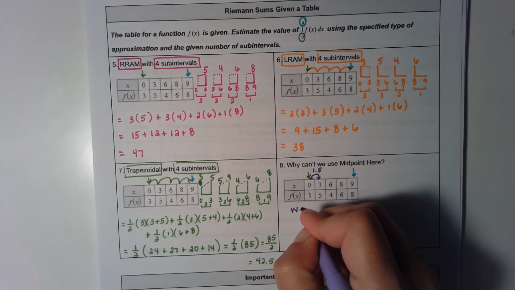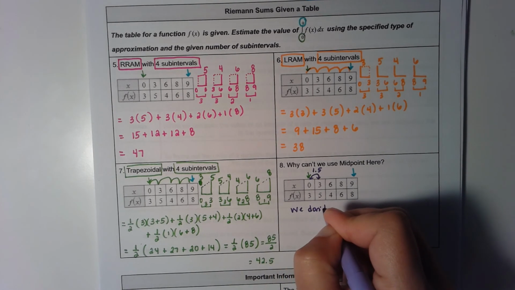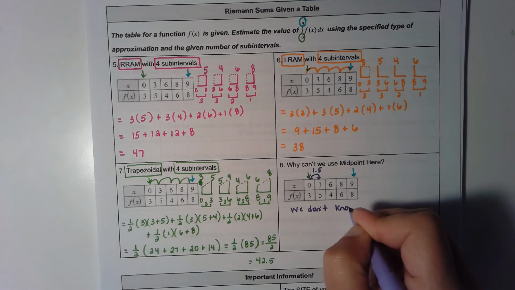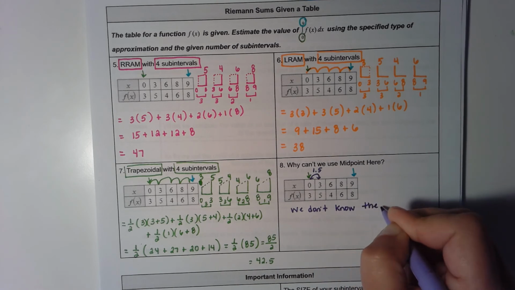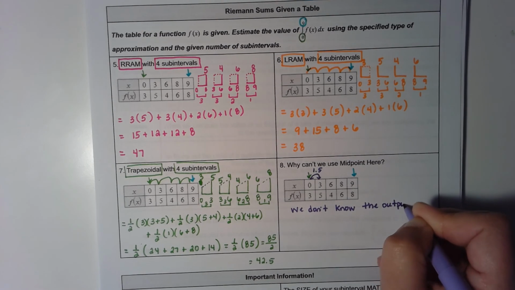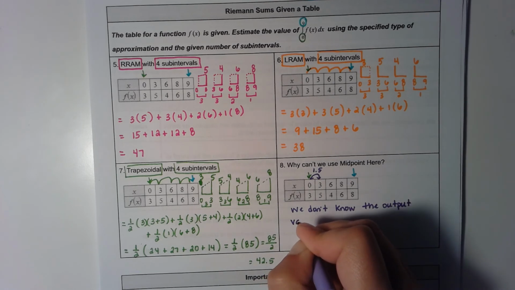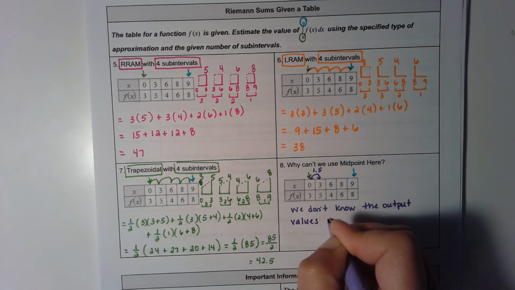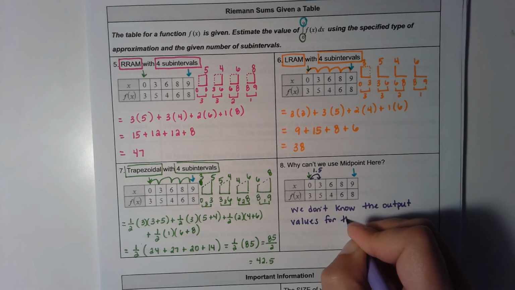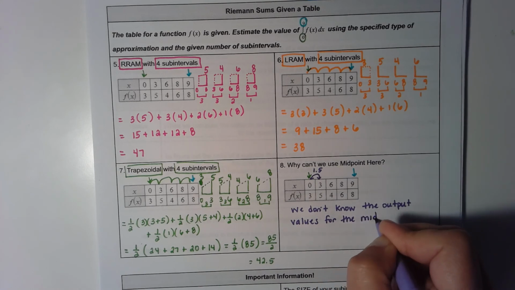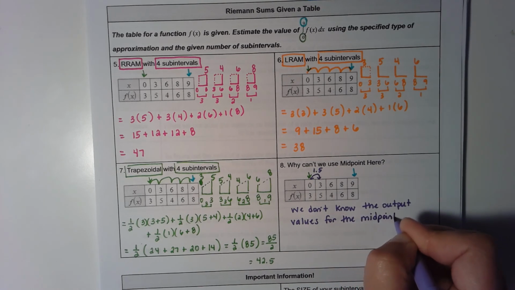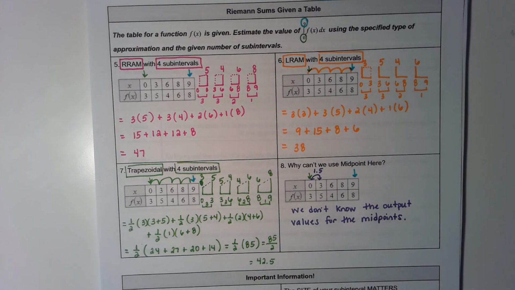So we don't know the output values for the midpoints here. And so we can't use a midpoint estimate because we don't have enough information.